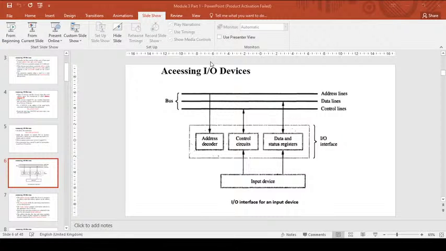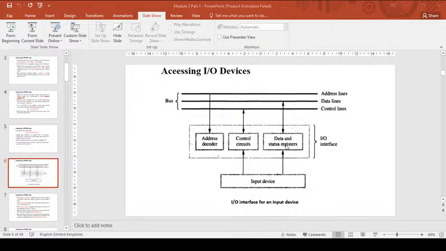Now from the processor means where will the data be? Data will be available in the data line. The processor will place the data onto the data bus if it has to be written onto the IO device. And if it is a read operation, the IO device will place the requested data on the data lines, from which the processor will take it.